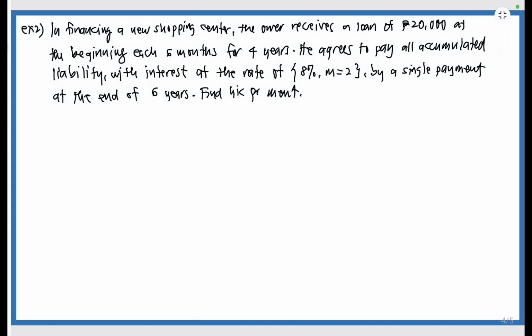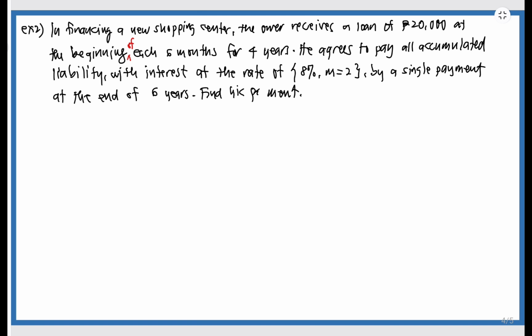The next problem: in financing a new shopping center, the owner receives a loan of 20,000 pesos at the beginning of each 6 months for 4 years.